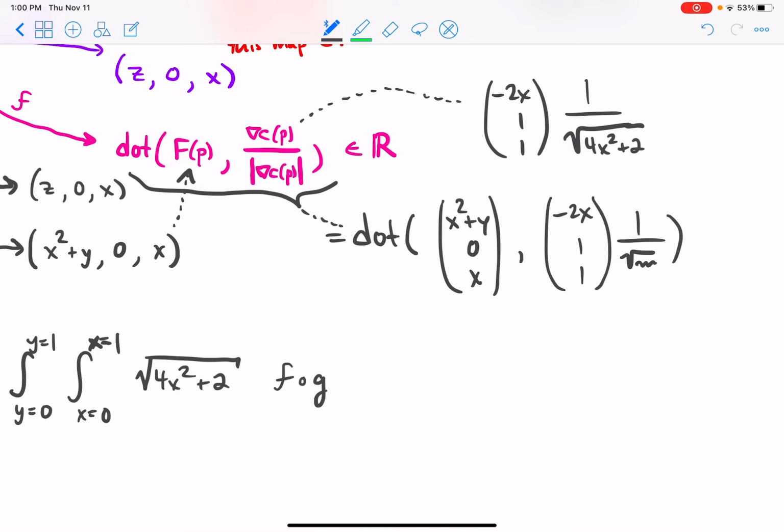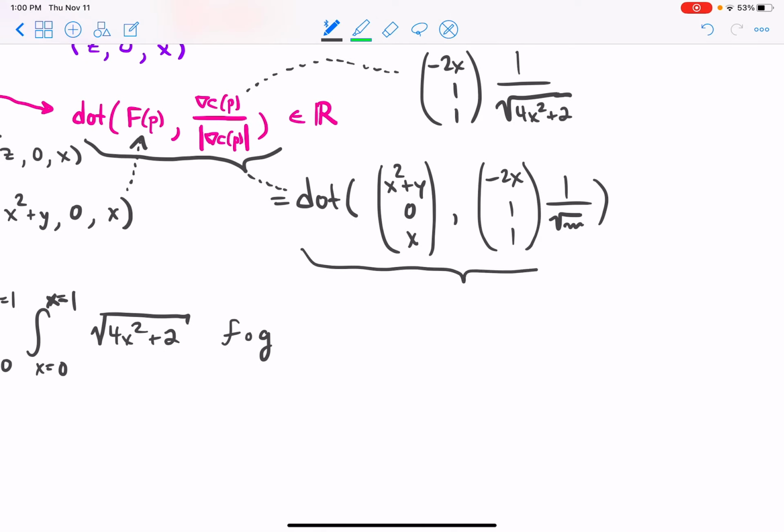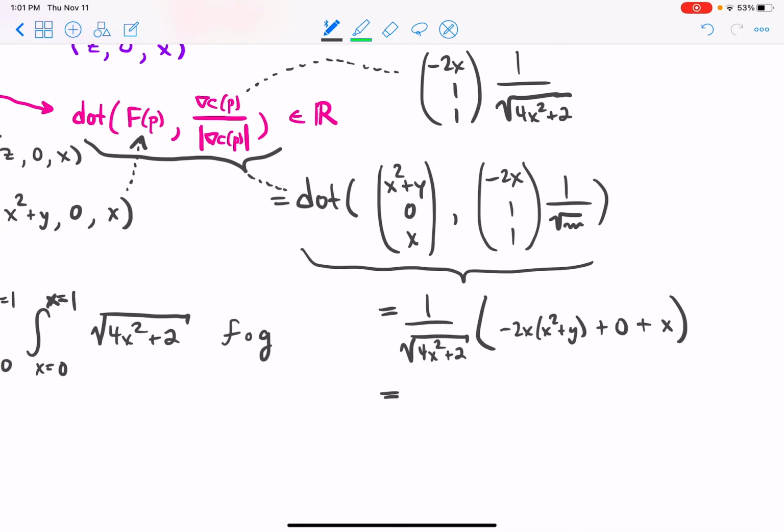Okay. So then this becomes, well, 1 over square root of the stuff times, now I take the dot product. This times this plus 0 plus x. And so at the end of the day, I get, okay, minus 2x to the third.